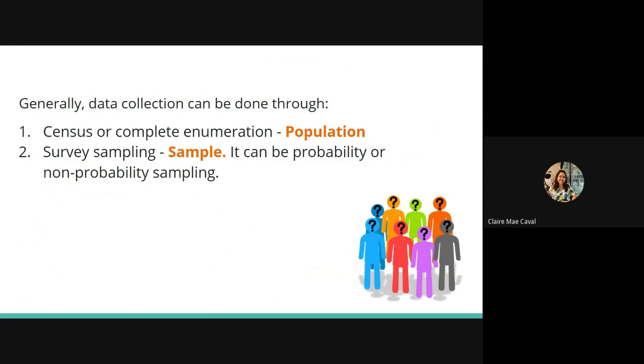When you say census or complete enumeration, we know this because the census is done house to house and a sticker is placed on the house. So census or complete enumeration refers to population. Survey sampling refers to sample. It can be probability or non-probability sampling. Okay?